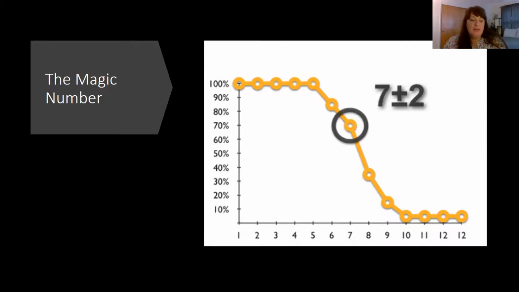What Jamie was demonstrating with that activity really was how much information your short-term memory can hold. I mentioned before that it has a limitation.